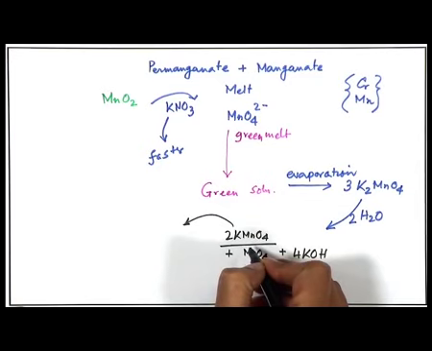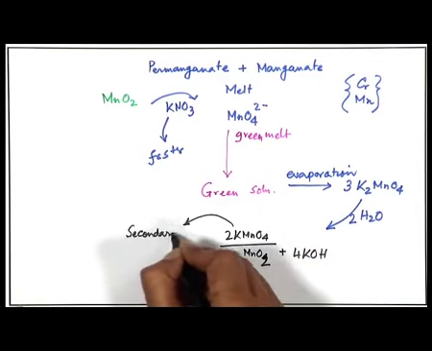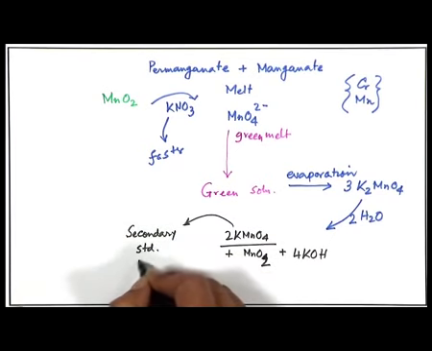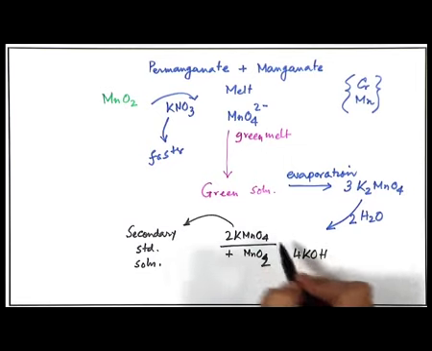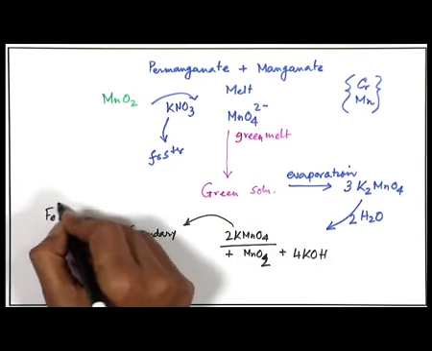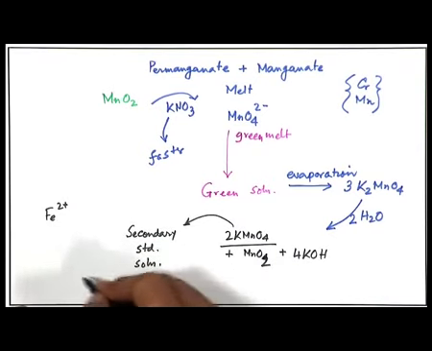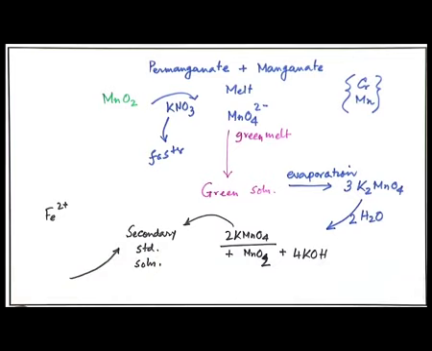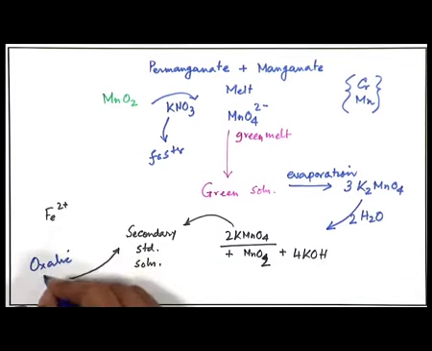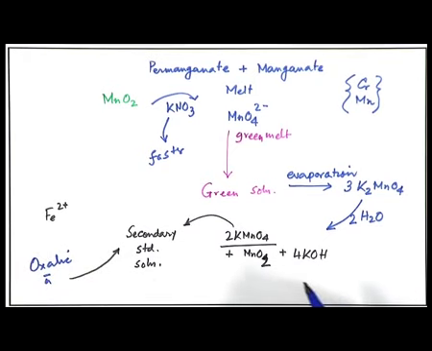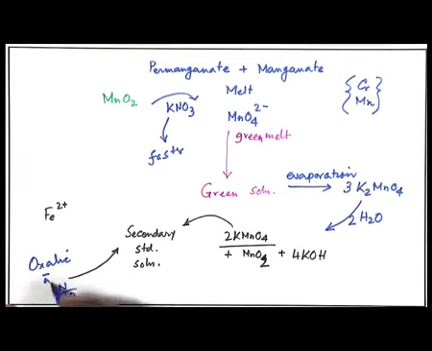So, it is not a primary standard solution, it is a secondary standard solution, and it can be made again. So, you can take this in a burette and unknown iron 2 plus in solution. Not only iron 2 plus, many other things, because since it is a secondary standard solution it can be standardized with oxalic acid, which is a primary standard, by knowing some amount of oxalic acid in a solution of, say, strength N by 10.